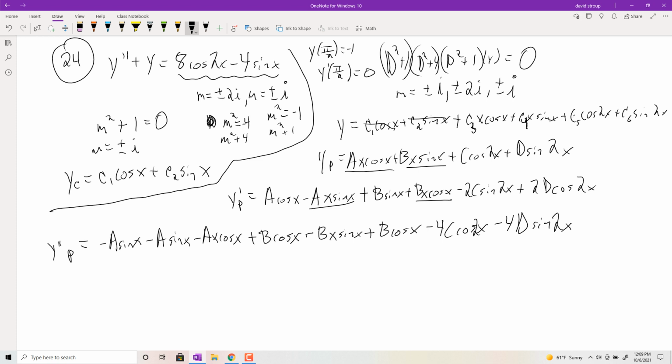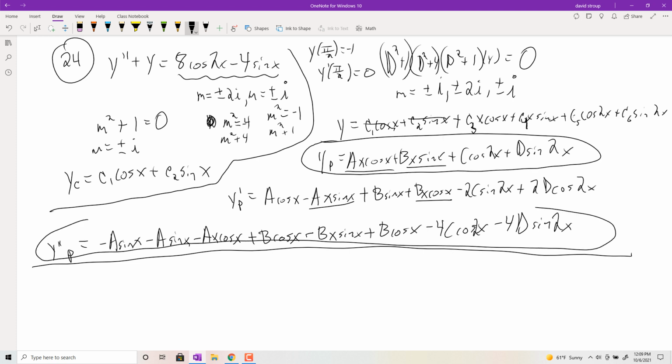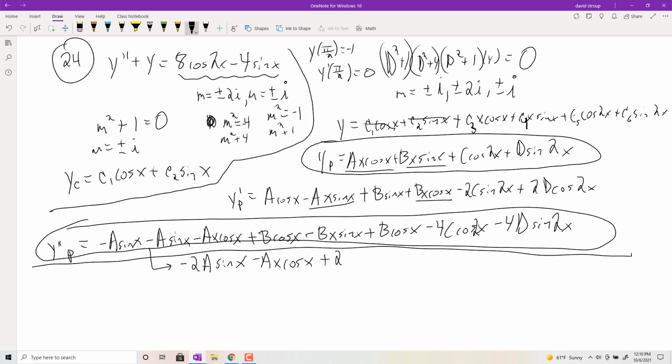Then I need to plop them into my differential equation. In particular, I need to add this guy to this guy. Ooh, I should have simplified that guy first. Let's simplify this. I apologize. So it's negative 2a sine x minus ax cosine x plus 2b cosine x.